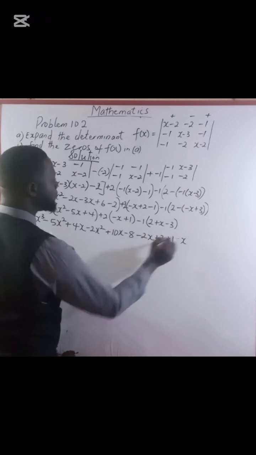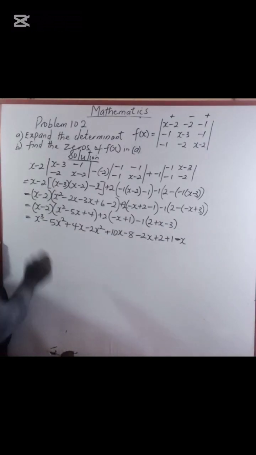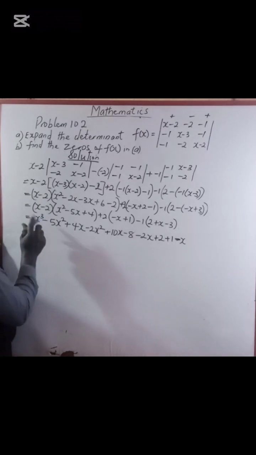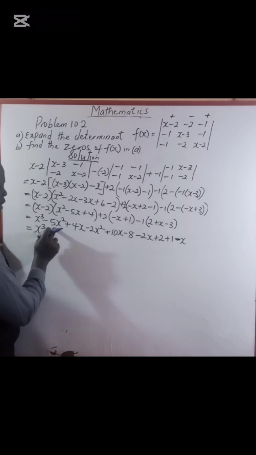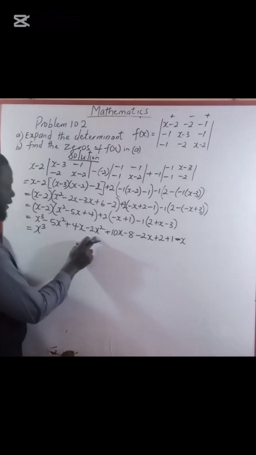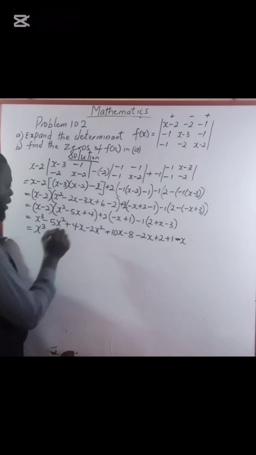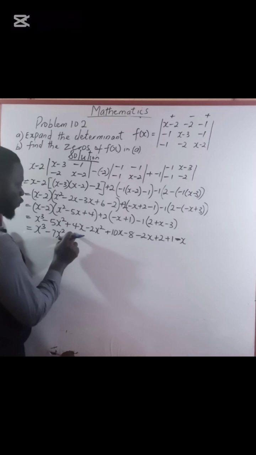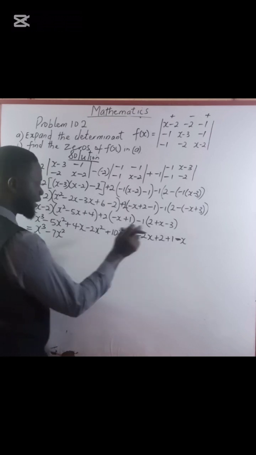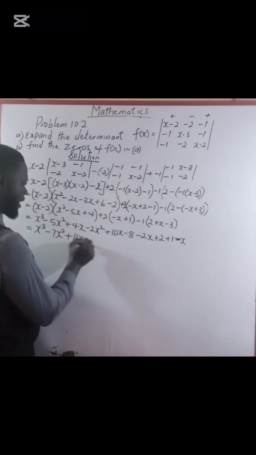Minus x. Alright, sorry. So this will give us minus. So now the next thing you do will be to simplify this. You rearrange x cubed minus 5x minus 2x to give us minus 7x squared. Then this one will be plus 4x, 14x minus 2x minus x will give us plus 11x.